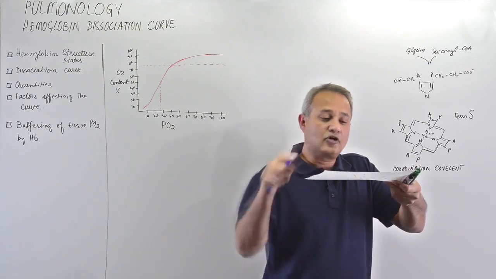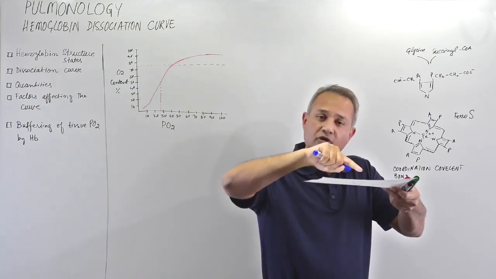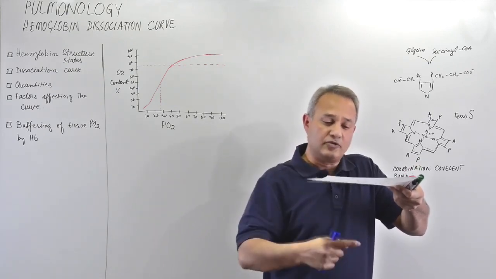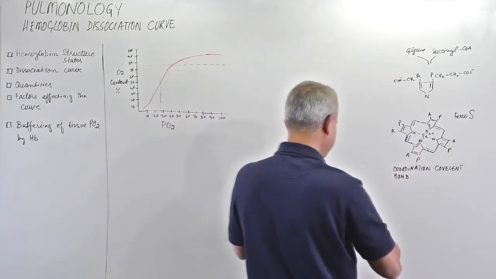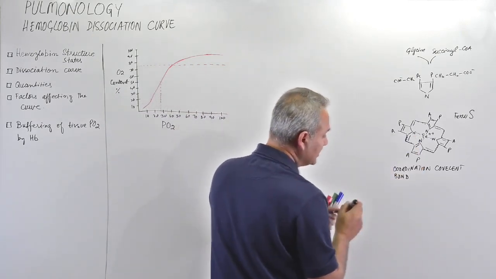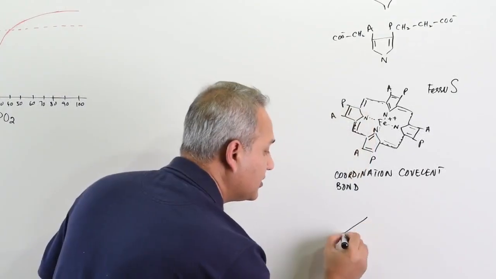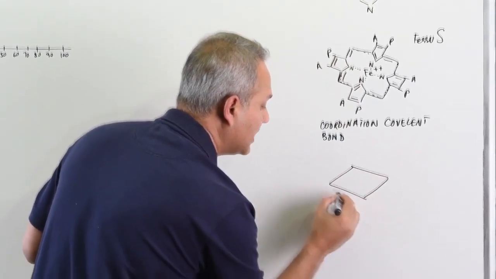These bonds are called coordinate covalent bonds. So one above and one below. So let's make that as well. So if you take this structure, you make this structure a little planar.